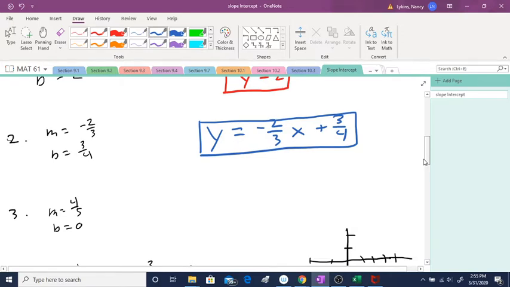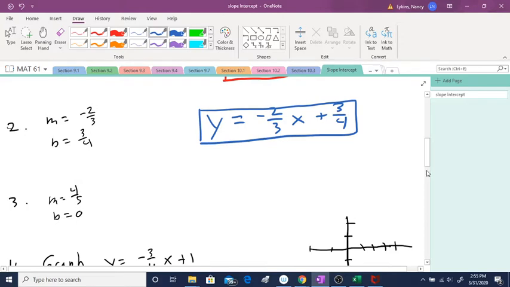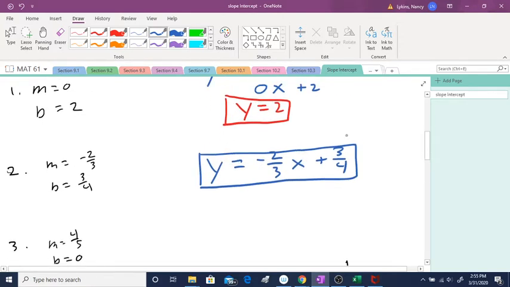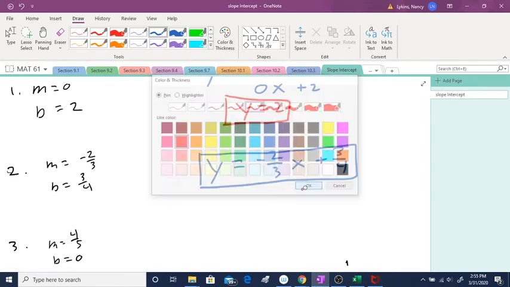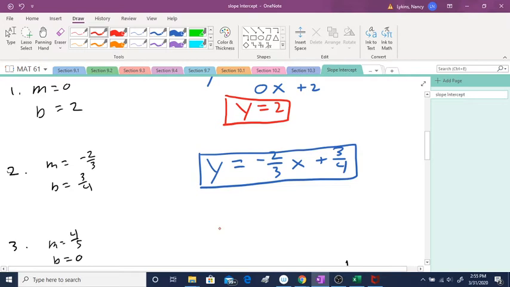And finally, I give you a slope, or an m, of 4/5. And a b is 0. So what I'm going to do is put in 4/5, that's my m, in front of my x, plus 0. So really, this is just 4/5 x.